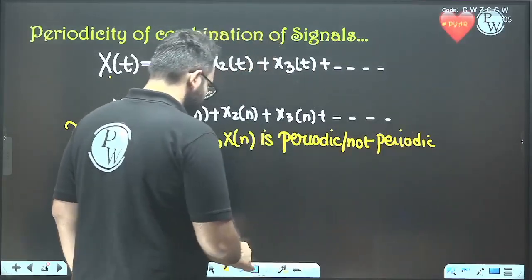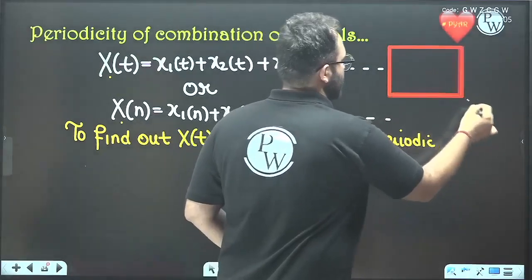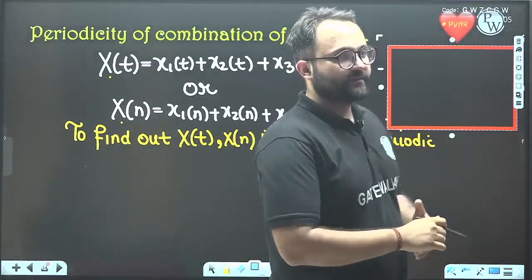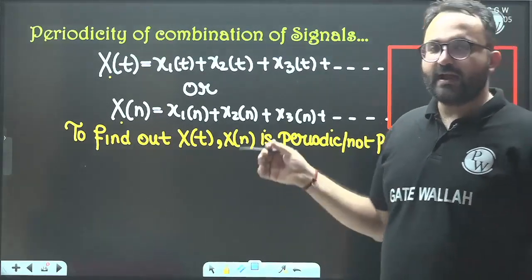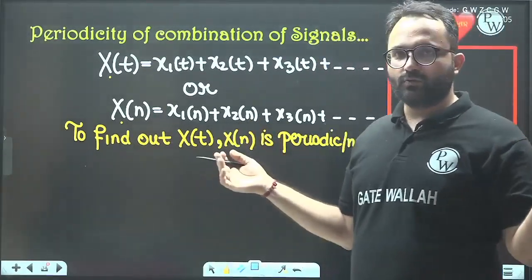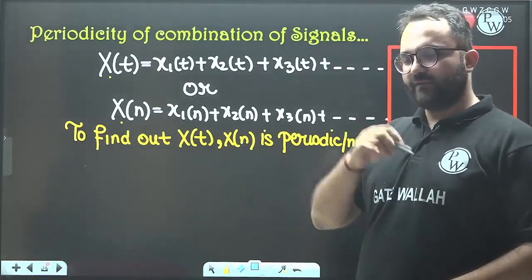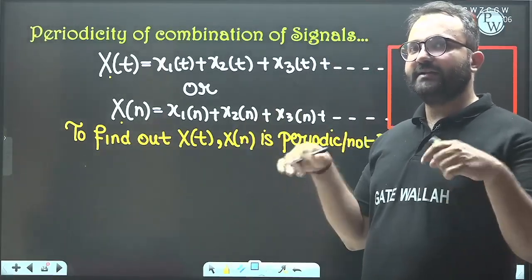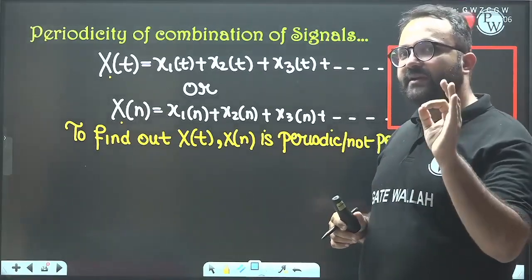Okay. Now, one thing which is very important for analysis: if you have a periodic signal and you add a DC value to it, for example, you have a sinusoid and you add a DC value 1 to it, then in that case the period does not change.